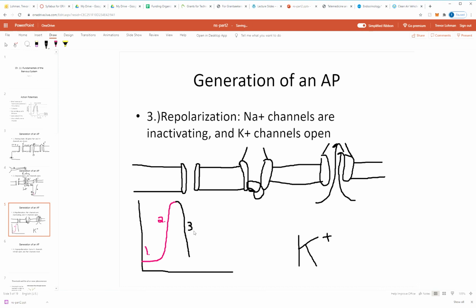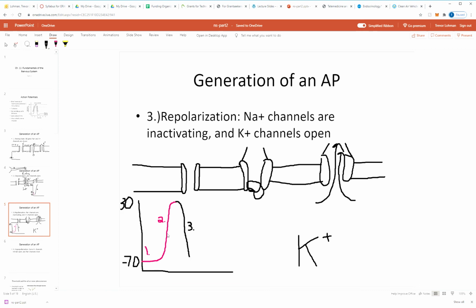During repolarization, the voltage-gated potassium channels open. Potassium rushes out. Potassium is a positive ion, so the inside of the cell becomes more negative. In case I wasn't clear, this graph is representing the inside of the cell membrane. So remember, at rest it's -70, and then it goes all the way up to 30 at the peak of depolarization, and then in repolarization it comes all the way back down to rest.